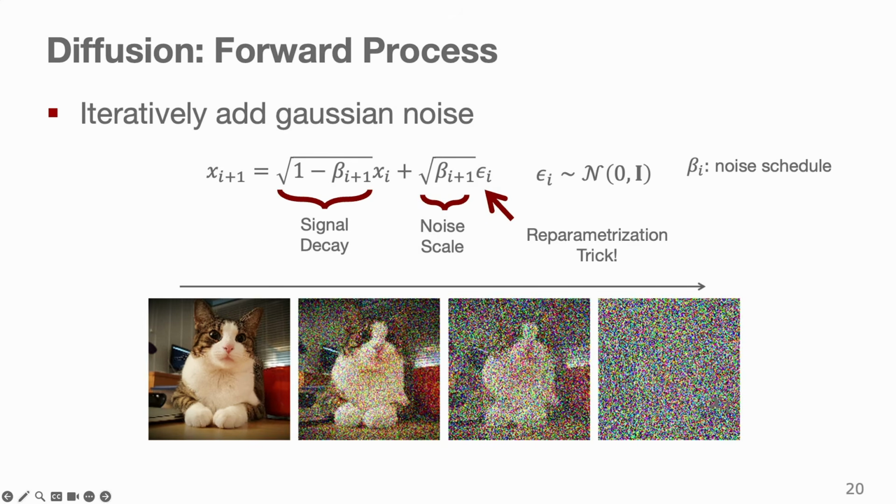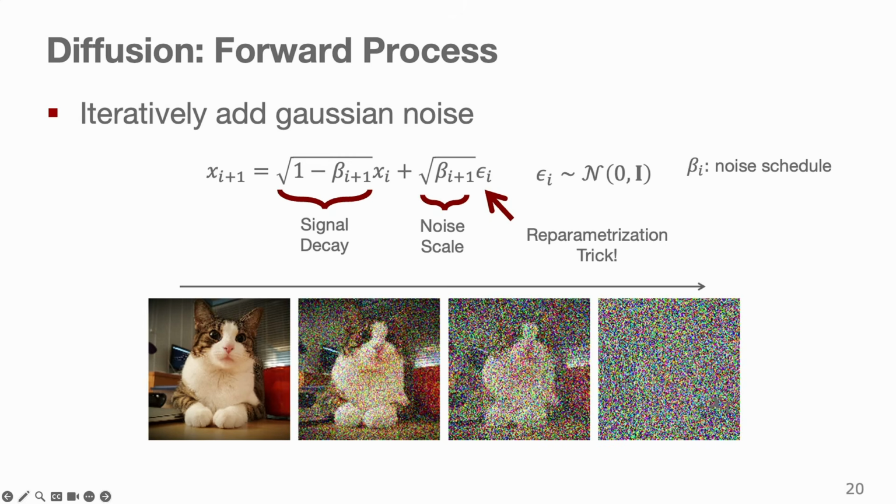So for the forward process, as I just said, we are iteratively adding noise. If you look at the equation, we define the next state as a weighted sum of the current state and some additional random noise. The first term in the equation is the signal decay.